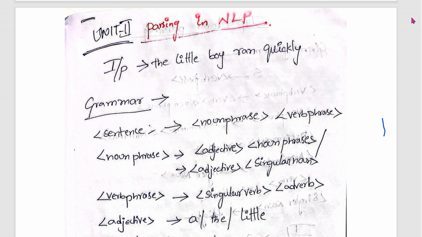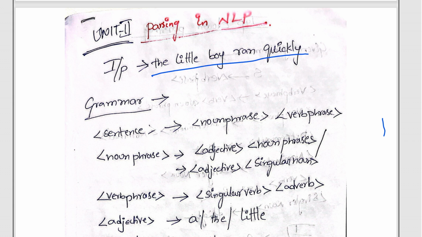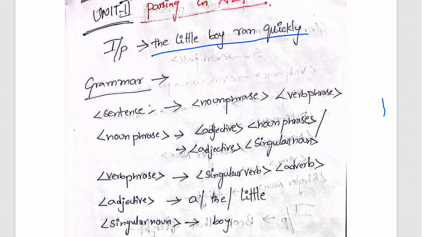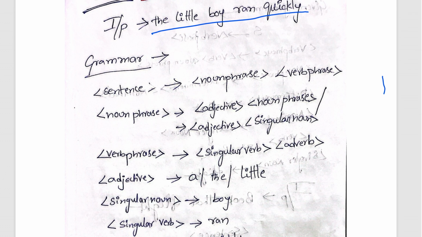The simple example is: the little boy ran quickly. This is the given input sentence. Based on this sentence, first we need to construct the grammar. So how to construct the grammar? A sentence always has to be followed by a noun phrase and a verb phrase, right? Using this, we write down the non-terminals and terminals.